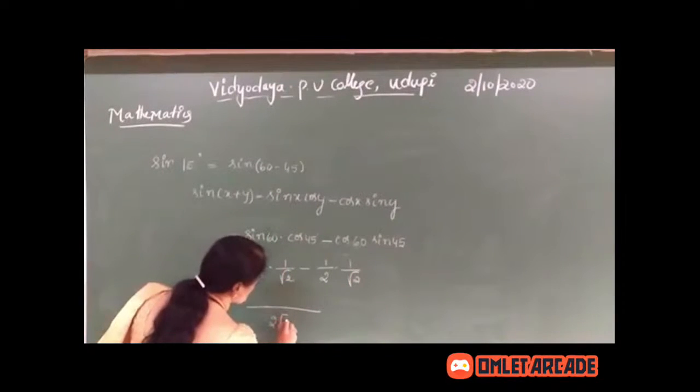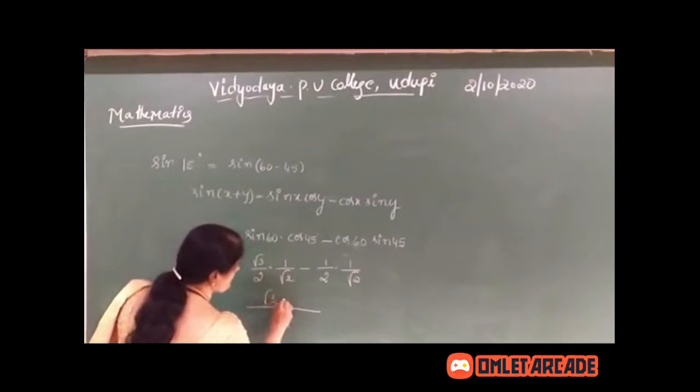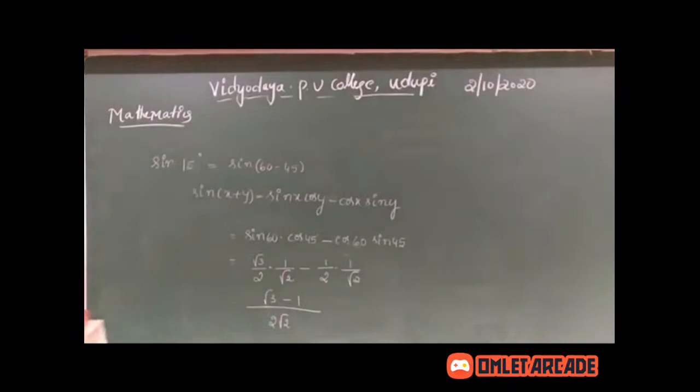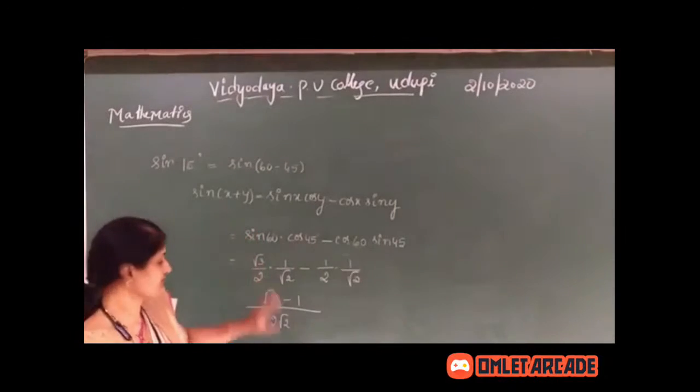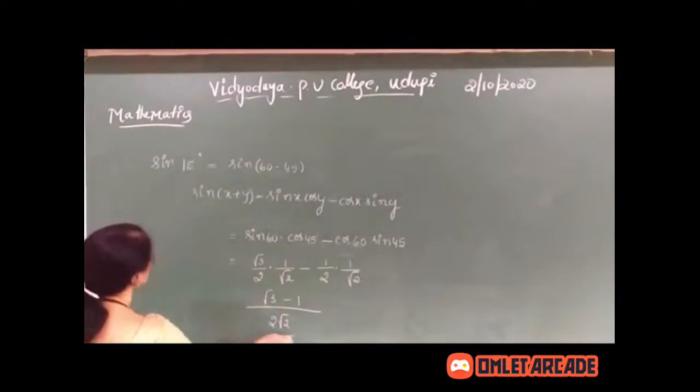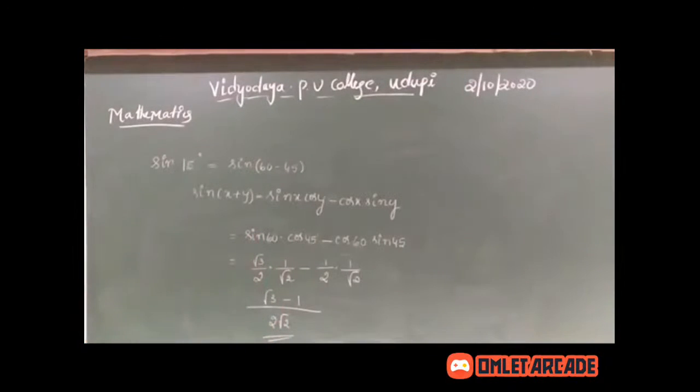It is 2 root 2, root 3 minus 1. Clear? Now this can be further simplified. Root 3 minus 1 by 2 root 2. So let it be. So sin 15 value is this: (root 3 minus 1) divided by 2 root 2.